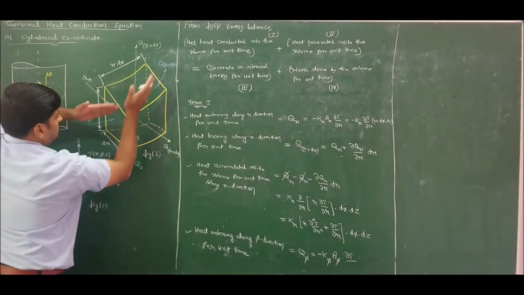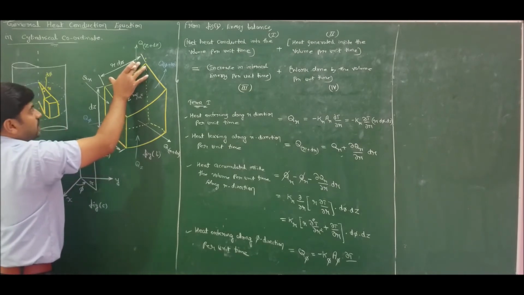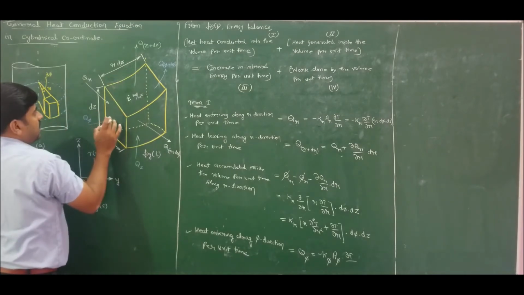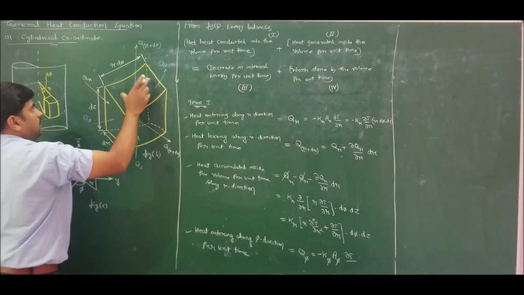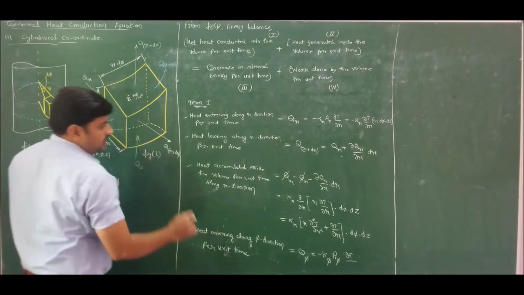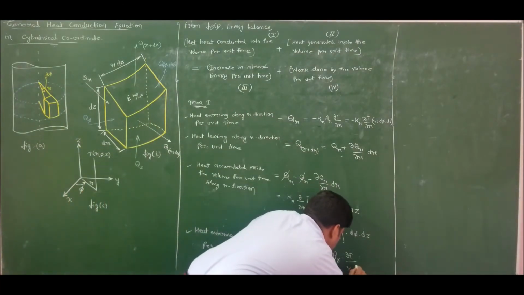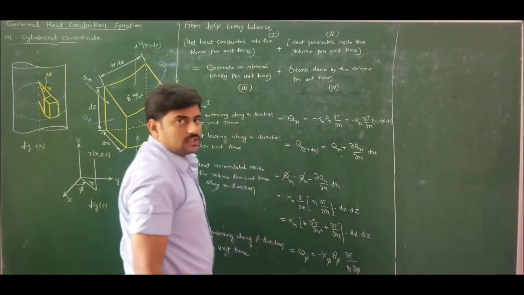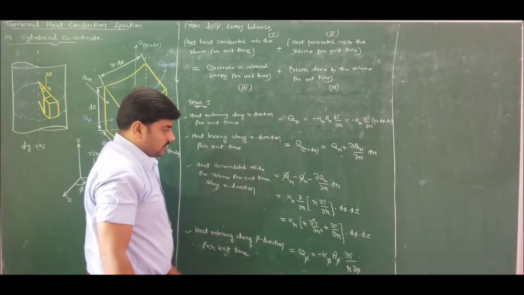Along phi direction the length is r d phi. So from Fourier law of conduction, it states minus k, area perpendicular to direction of heat flow, into delta T divided by length. So dou T by length r d phi, so I should take partial derivative, r dou phi. This is because temperature is a function of more than one space coordinate and also it is a function of time.